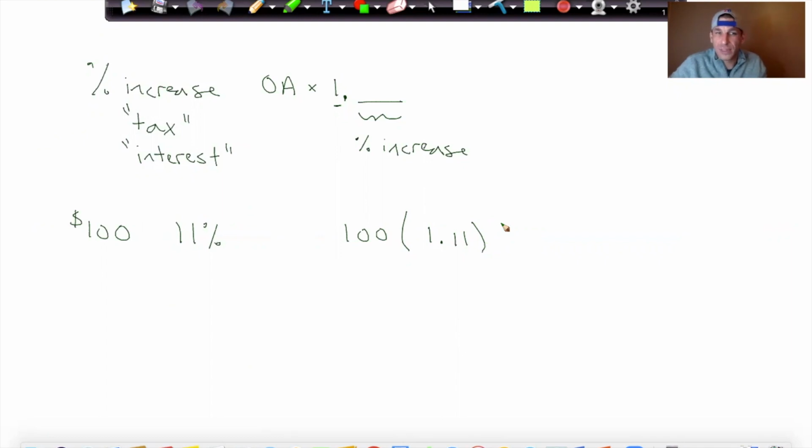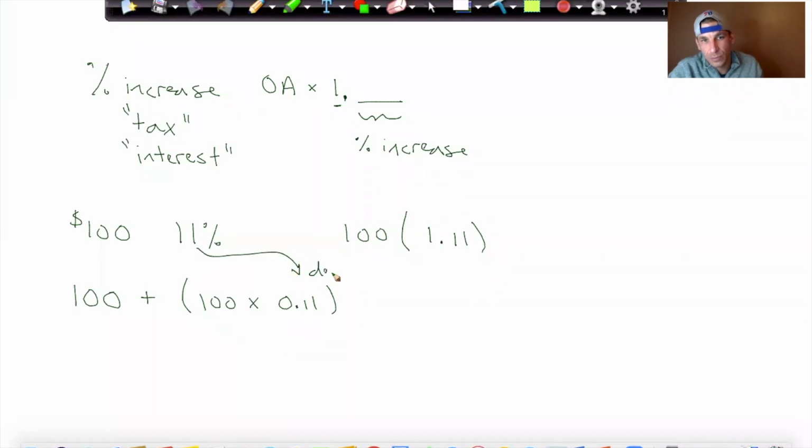What they don't want you to do, what would appear to be the long-winded way, is $100 plus $100 times 0.11. You would need to convert this to a decimal, as always, but notice this has additional steps, where it becomes a little more difficult.